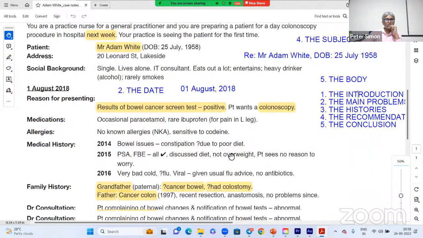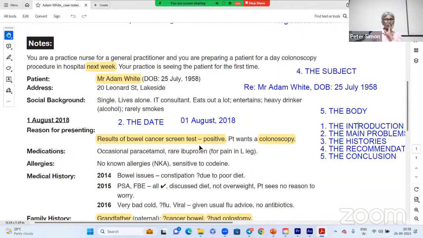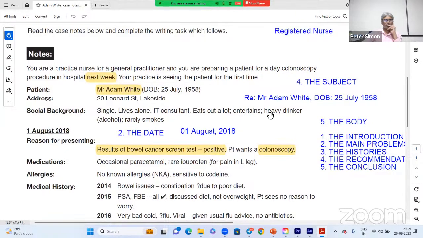Now let us talk about his background, his habits and other things. Heavy drinker of alcohol. Heavy drinker of alcohol. What will you say regarding this?